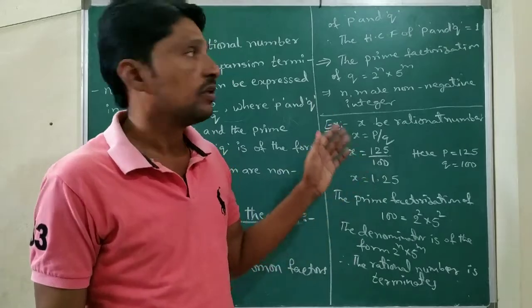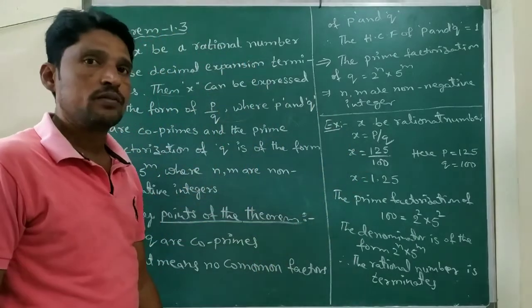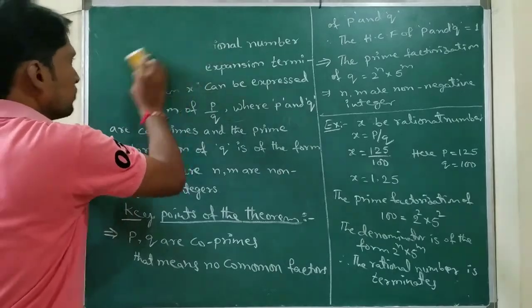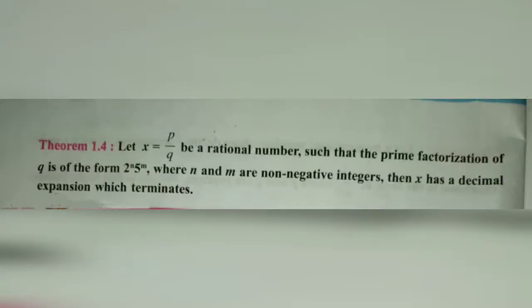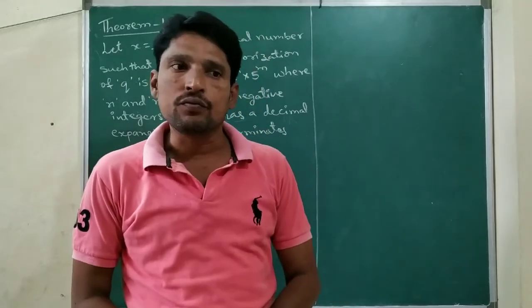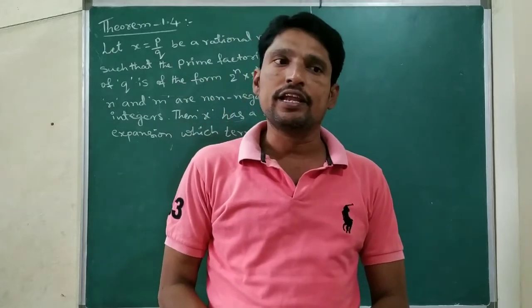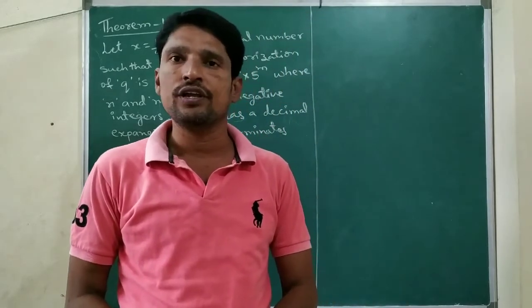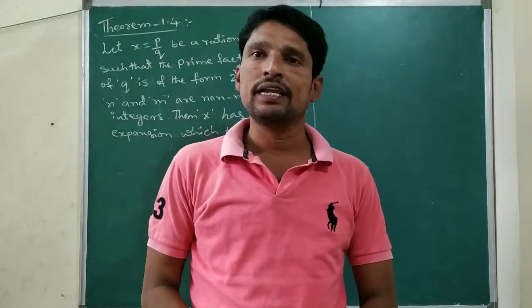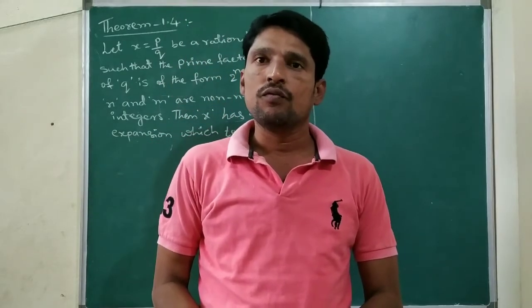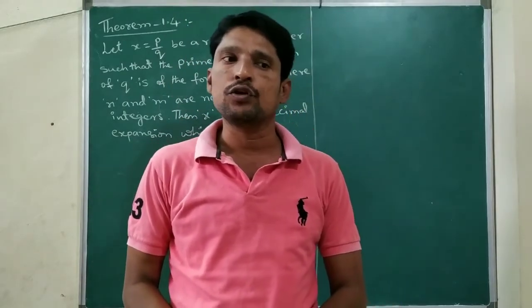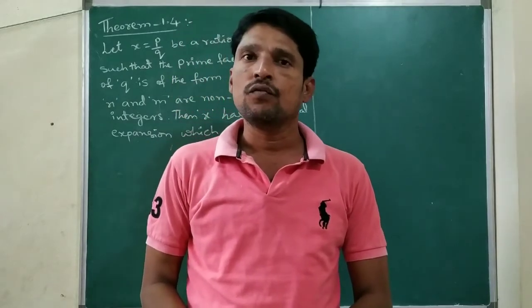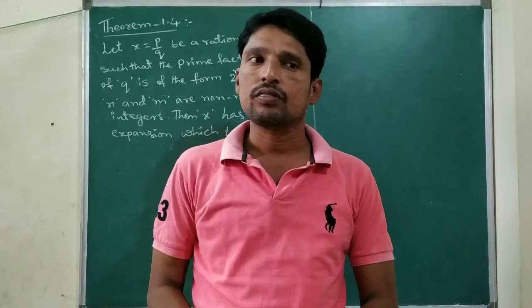So one more theorem that is same as this one only. We can see that one. Theorem number 1.4. Let x be a rational number such that the prime factorization of q is of the form 2 power n into 5 power m, where n comma m are non-negative integers, then x has a decimal expansion which terminates.